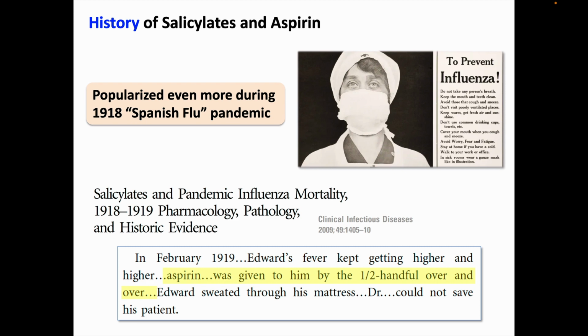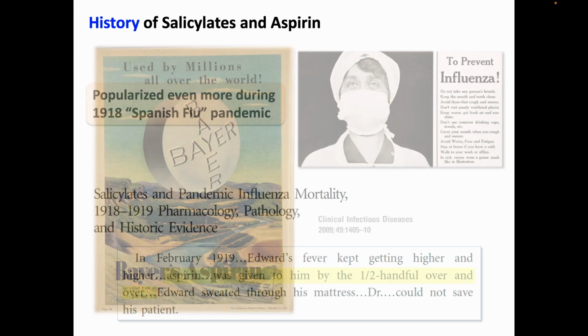A contemporary author noted that aspirin was dosed, at least in this one case, by the half handful. In retrospect, it could easily be that people presumed to have died from a viral pneumonitis could have died from what we would now identify as expected complications of severe salicylate toxicity. But more than a century ago, those two conditions would have been clinically indistinguishable.